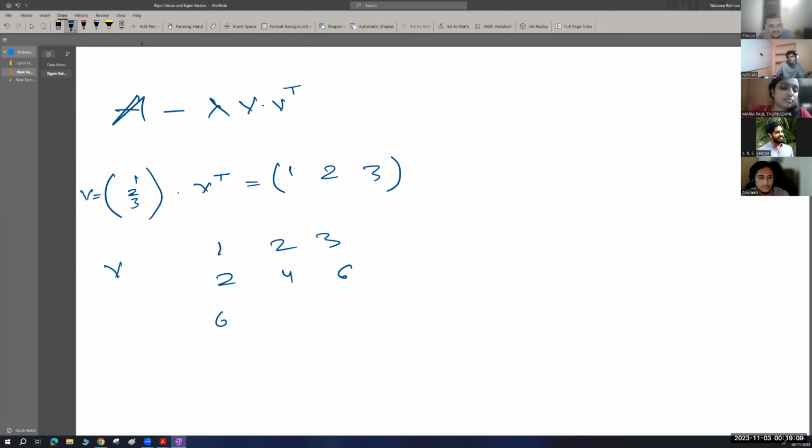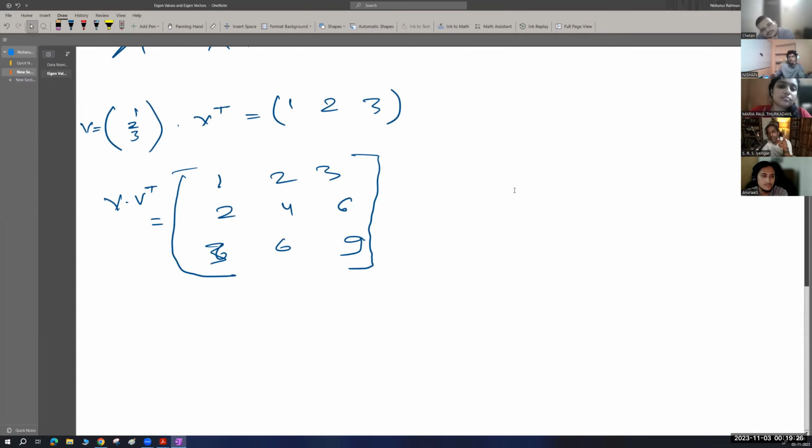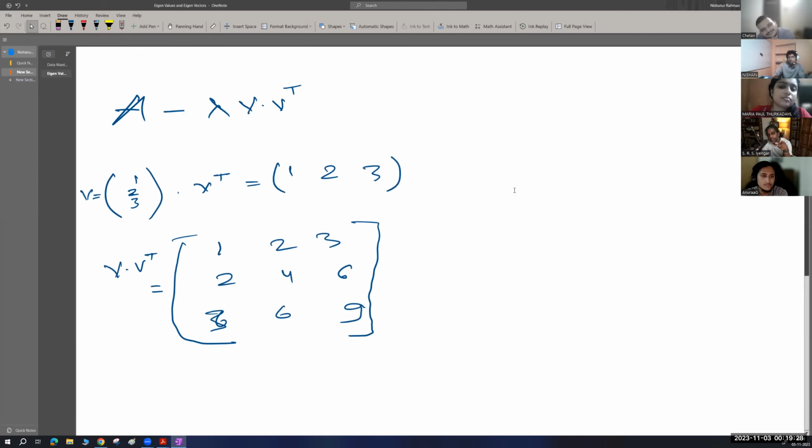Times the eigenvalue. The trick is that whenever you want to compute the second eigenvector, take A minus lambda V V transpose and call it B. What will B take V to?